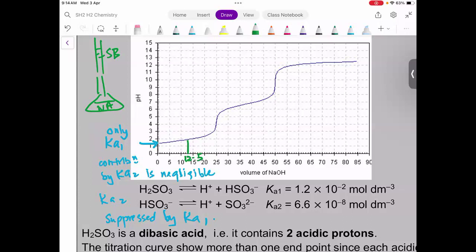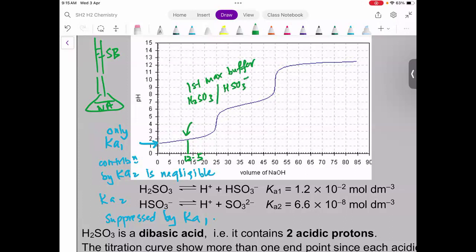At the first max buffer, can someone tell me what makes up the buffer system? Yeah, the sulfurous acid and its conjugate base. Remember, the conjugate acid-base pair only differ by one H+.